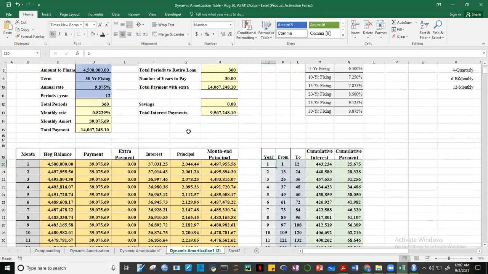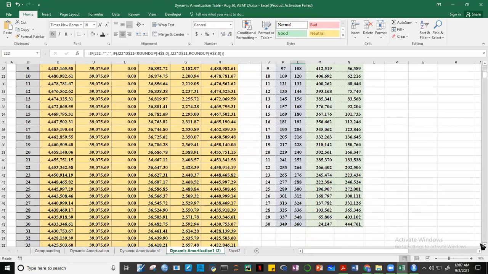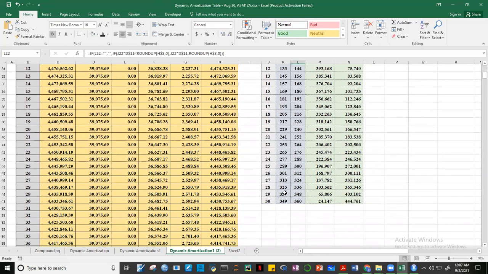Diba? 12 times 1, month 12 yon. Tapos 12 times 2, that's month 24. 12 times 3, that's 36. But if you keep on multiplying yung year natin with the frequency, which is 12, you will get the ending of the month. So 29 times 12, that's 348. 30 times 12, that's 360.